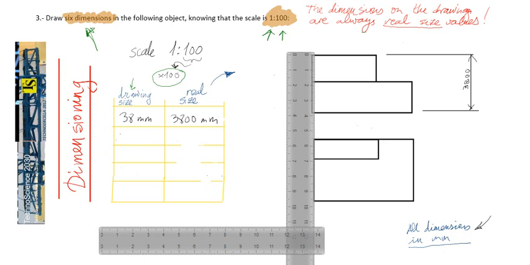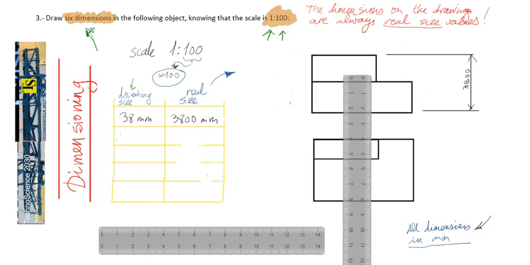Okay, what about this dimension? Let's measure it. It is 20 millimeters, which is 2,000 millimeters, because we have to multiply by 100, because the scale was 1 to 100.